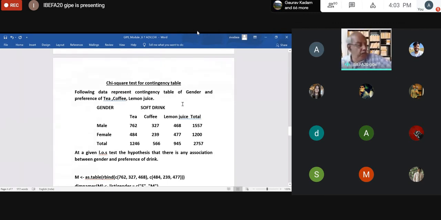That is what we are going to do on Thursday. If the variable is measurable, we can apply the ANOVA technique. We can apply one-way ANOVA, two-way ANOVA. We can apply t-test and so on.